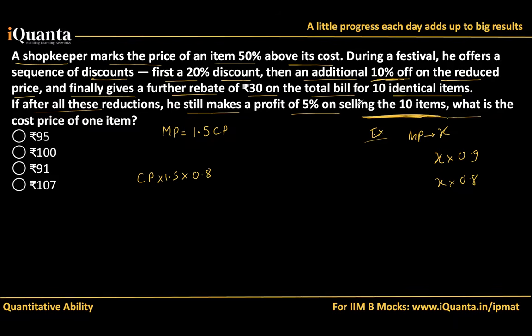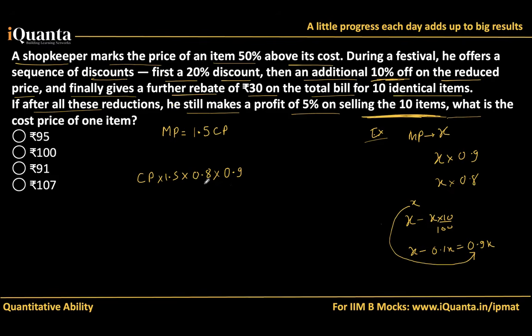Then further 10% off. So, on the same price that you have right now, you reduce it further by 10%. So, when you reduce something by 10%, you multiply it with 0.9, right? Why? Because if you're reducing x by 10%, that simply means x minus 0.1x, that is 0.9x. So reducing some quantity x by 10% simply means multiplying with 0.9.